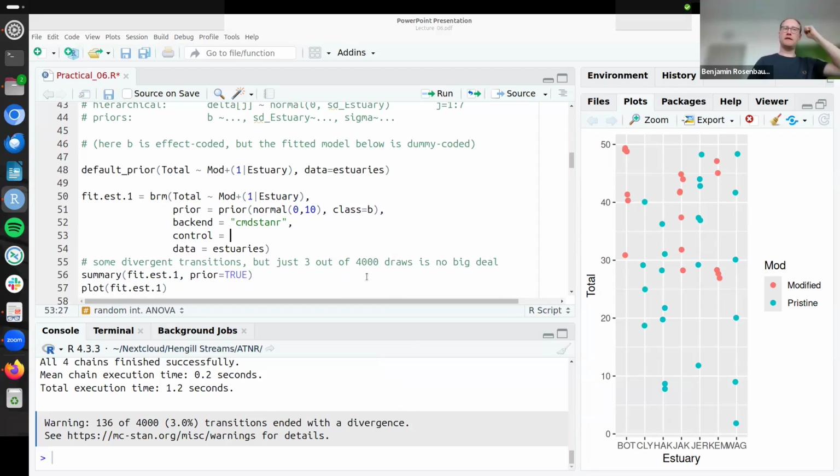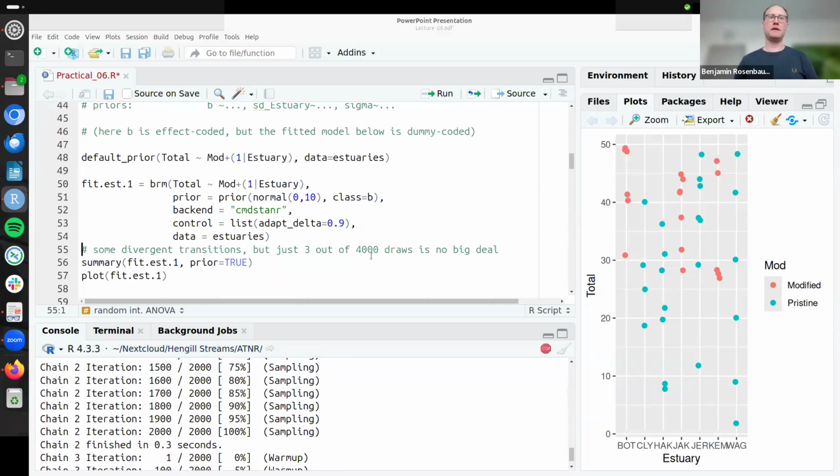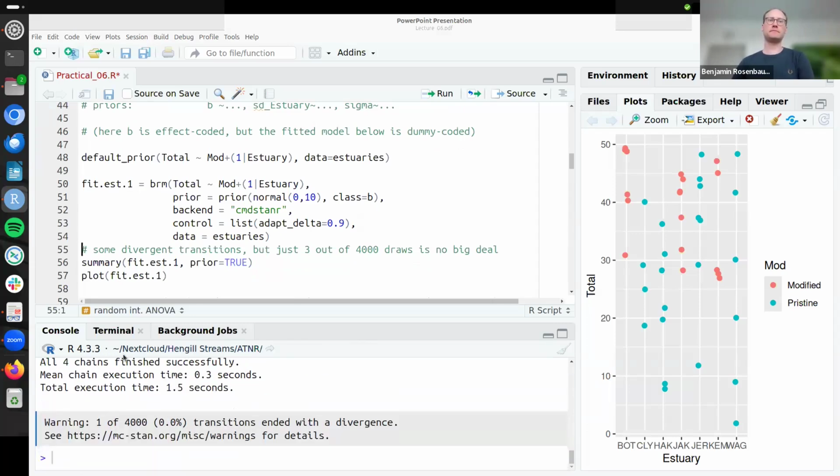And here one parameter is adapt delta. This just increases the accuracy. And I think I can specify it like this, adapt delta. So the default value is 0.8, and you can go up to 0.99999, whatever. It must be smaller than 1, I think. And the good way is to increase this to 0.9.